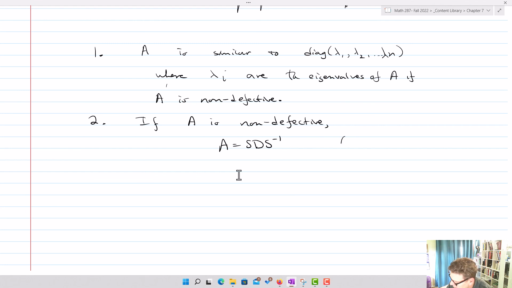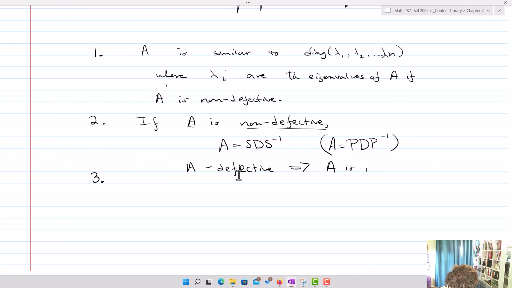By the way, you may see this in other places as P D P inverse. I learned P D P inverse when I was growing up in my math world. P is just the matrix of the eigenvectors as well. You may see that around. And then, that's only if A is non-defective. If A is defective, that implies A is not diagonalizable.